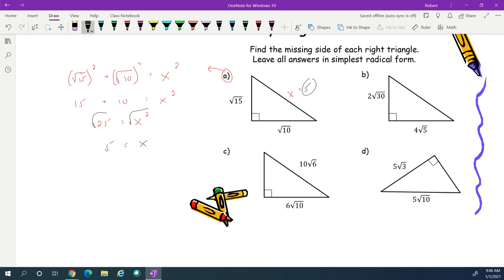You're going to get 3.9, and that's definitely less than 5. Now, we have to work with radicals. We can't convert them to a decimal and work with them. But just to confirm which is a bigger number or smaller number, we can do that. Obviously, the square root of 16 is 4. So if it's 15, it's a little bit less than 4. It's going to be 3.9.